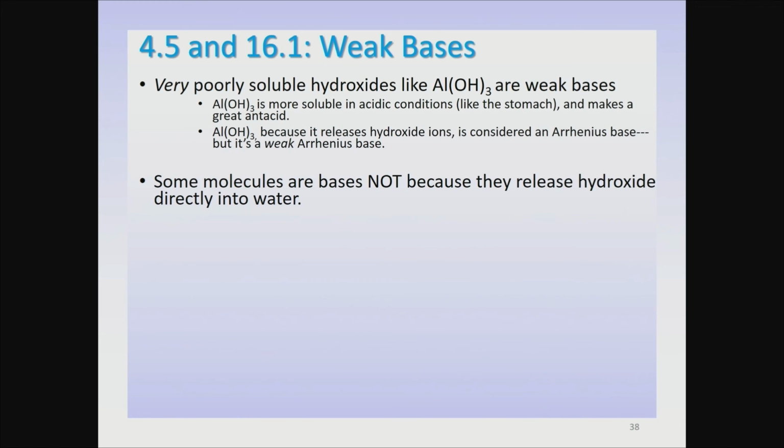But then when it hits the stomach, because of the acidic conditions, the aluminum hydroxide becomes more soluble, and then it releases more hydroxide ions, which can neutralize the acid molecules in your stomach.